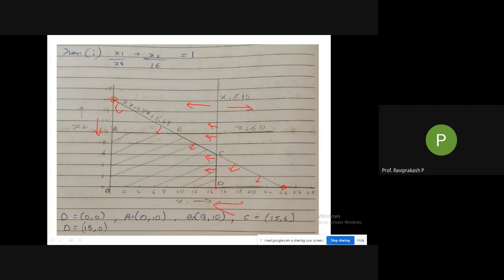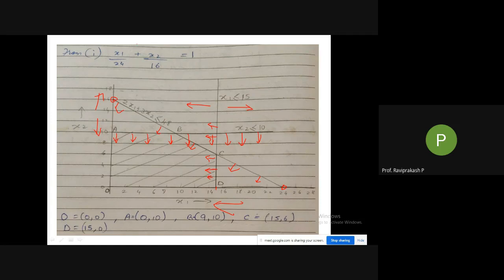Next, coming to x2, it is again less than or equal to 10. If you want more than, go on this side; less than, on this side. It's already written here. So my area of requirement for this particular line would be this. Now just check which area is common to all the lines.